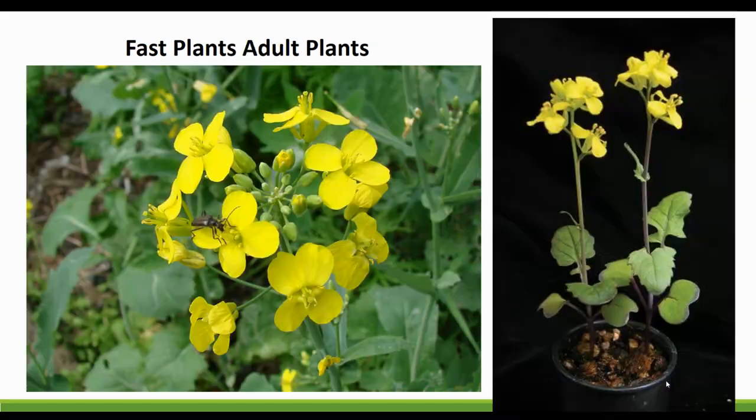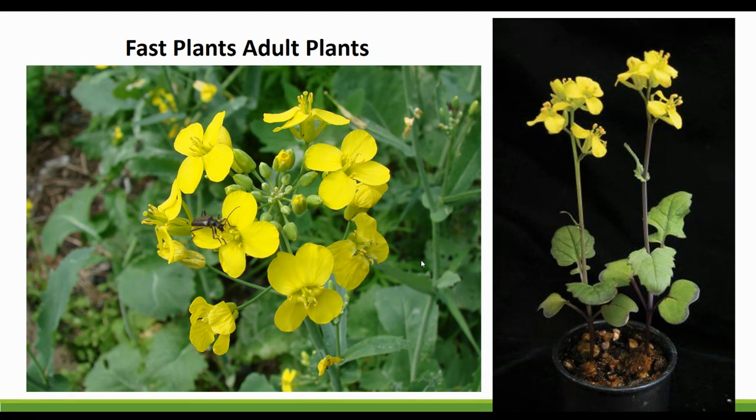So on this slide, it shows you the baby plant, which is right here, and then it shows you the adult plant. As you can see, between these two plants, there isn't much of a difference except the height. This baby plant is still tiny and still growing. This one is already the adult plant.